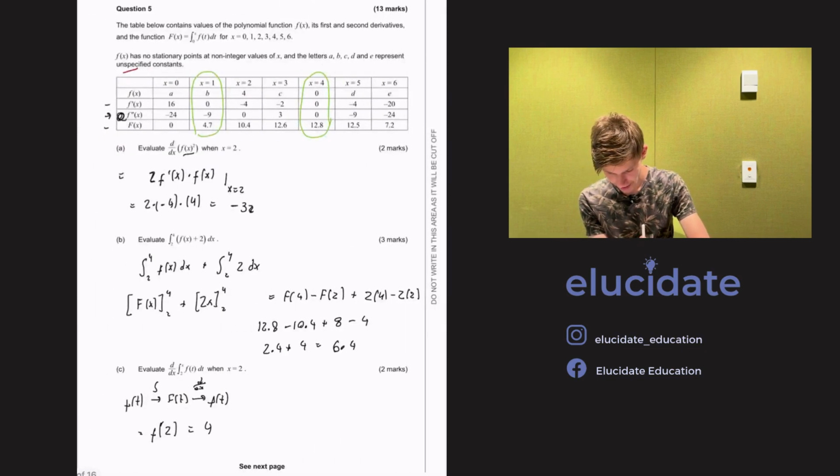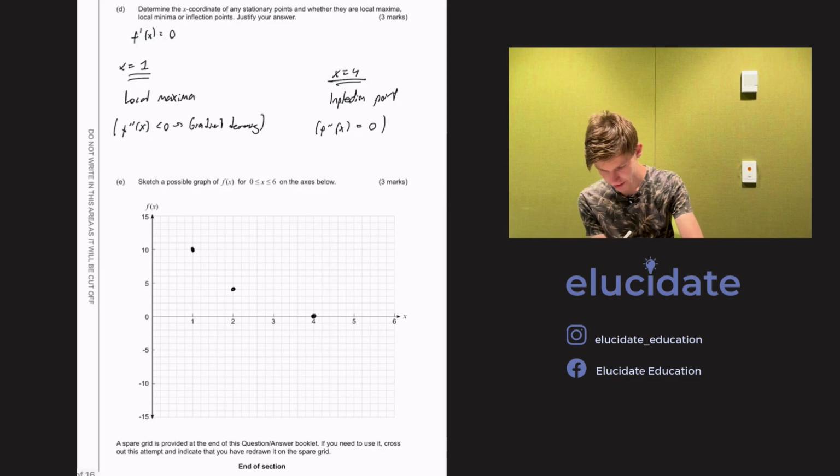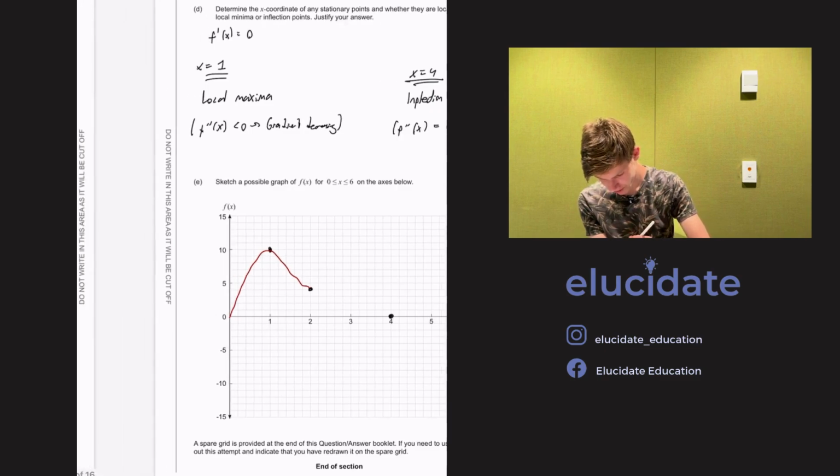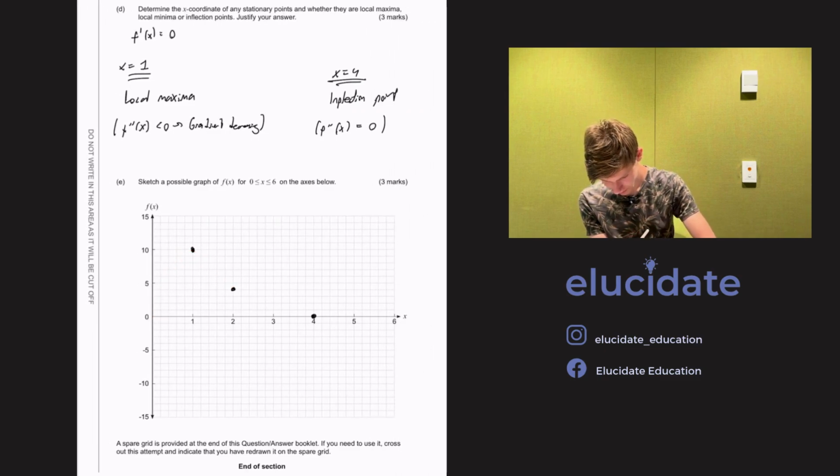Now we know that the function is increasing before then because the first derivative is positive. So all we need to mark in there is some kind of upward slope. Now excuse that awful line. Let's try that again.